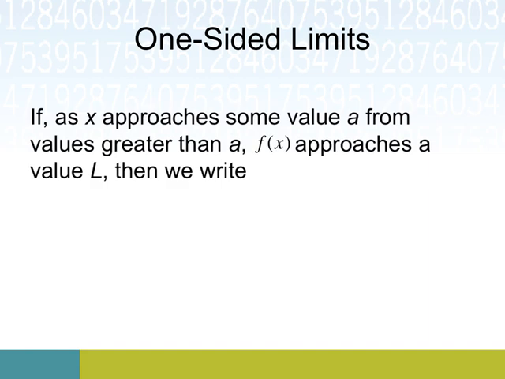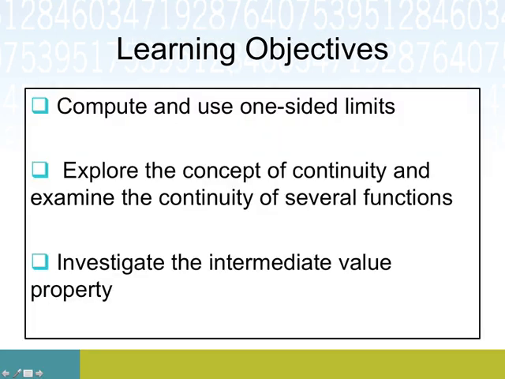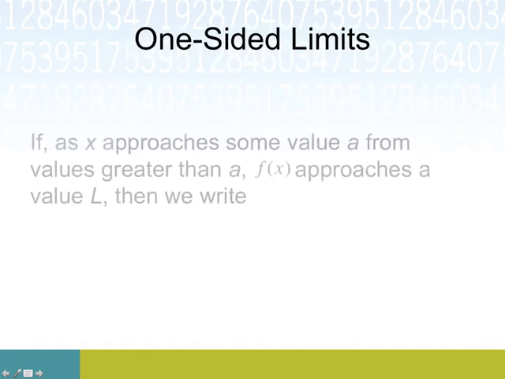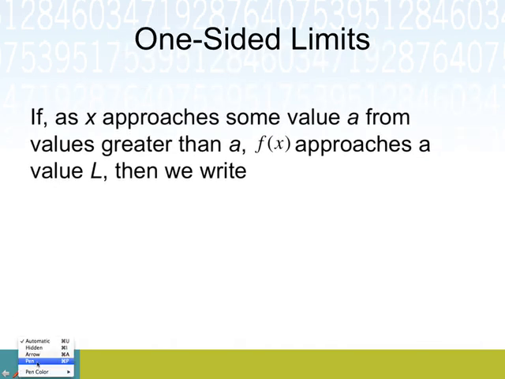So this initial definition basically looks like the same definition from 1.5 for the limit as we approach some value. But there's a very subtle difference, and that is that when we talk about approaching a, we talk about approaching from a particular direction.